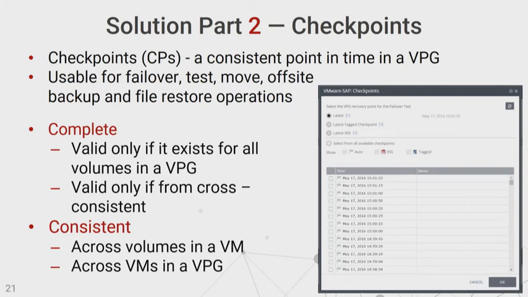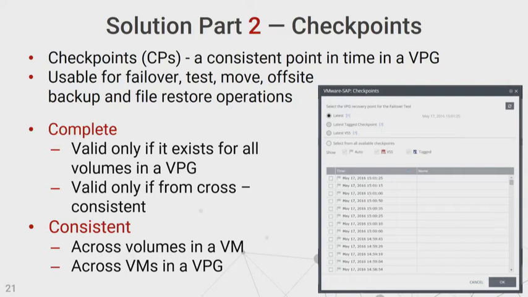So there are really two key points to remember about checkpoints. We need to think about completeness and we need to think about consistency. A checkpoint is complete, in the sense that it's valid, only if it exists for all the volumes in a virtual protection group. And it's valid only if it's cross-consistent across all the volumes and the VMs in that whole VPG.